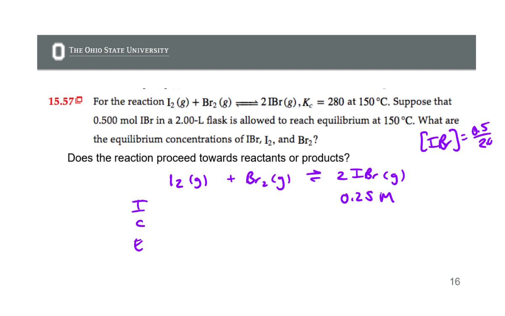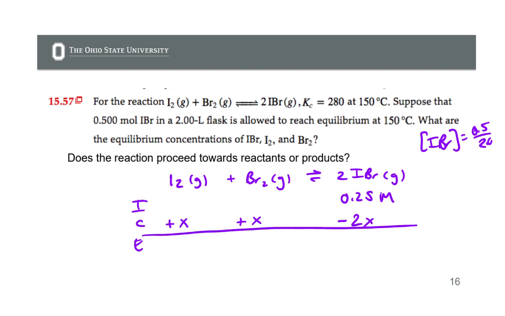So which way does the reaction proceed? We only have product, so it's going to go towards the reactant side. When we write our change line, we're going to have minus 2x of IBr, and the 2 is from the stoichiometric coefficient, plus x for Br2 and plus x for I2.